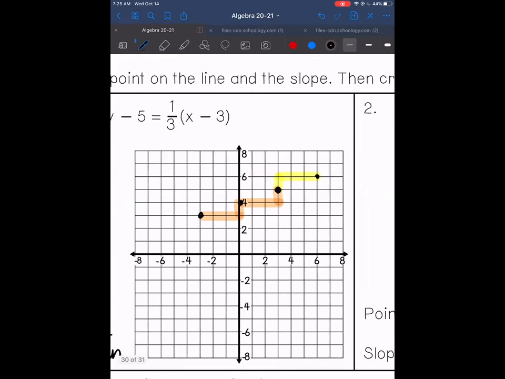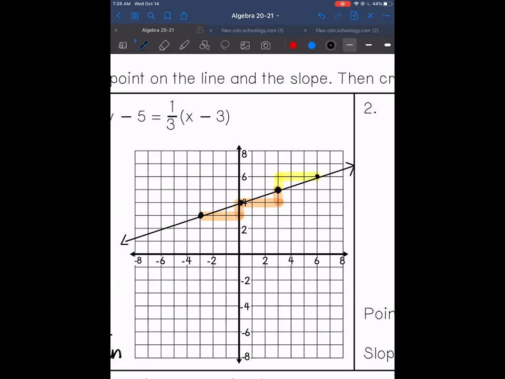This allows me to draw a much straighter line for the more points that I have. I'm not very good at this. That's much better. Okay.